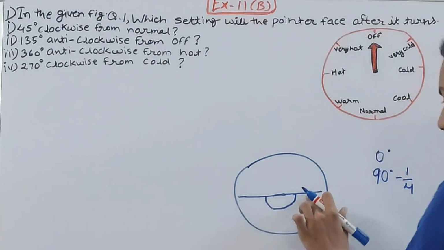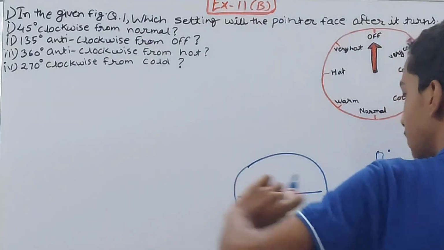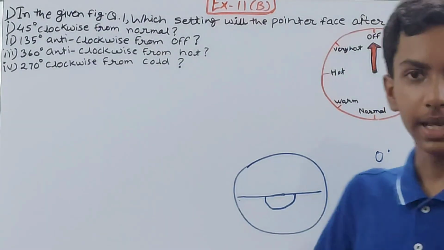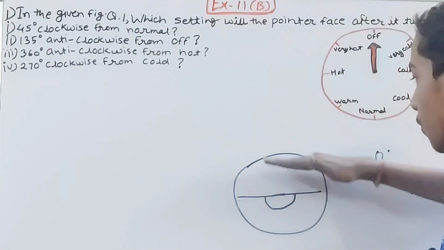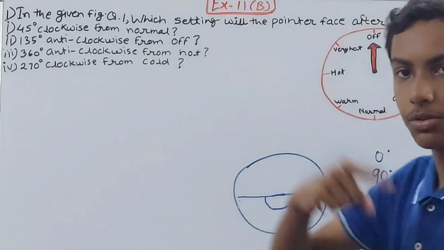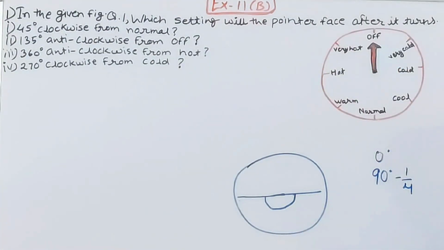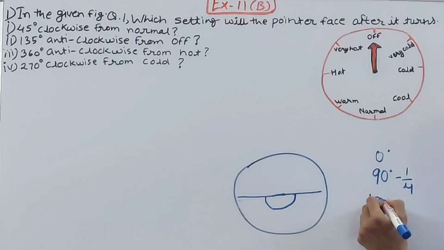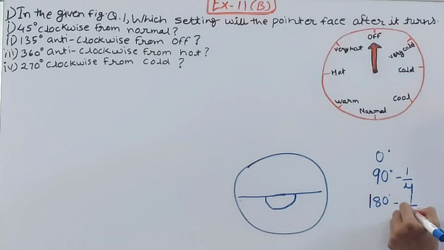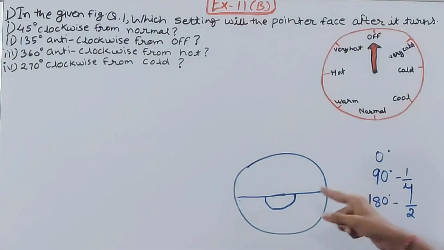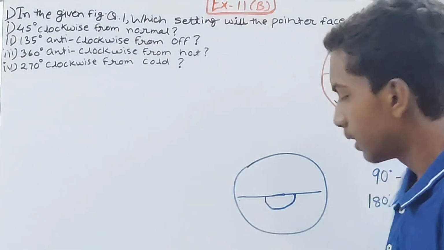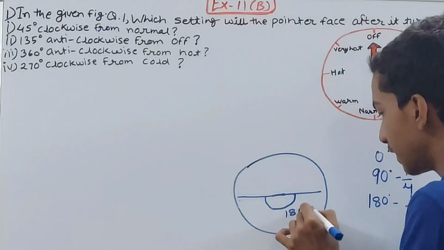Imagine it. We have come all the way from here till here, forming a straight line. Half of the circle is covered in this rotation. That's why this is called 180 degrees. This is half of a revolution. We have moved 180 degrees, and this is half.